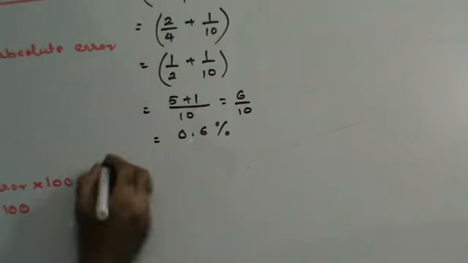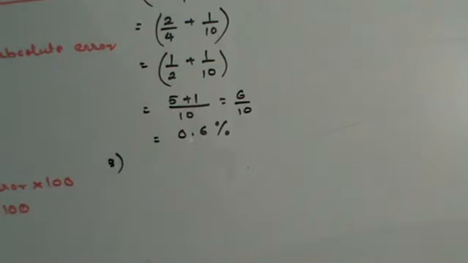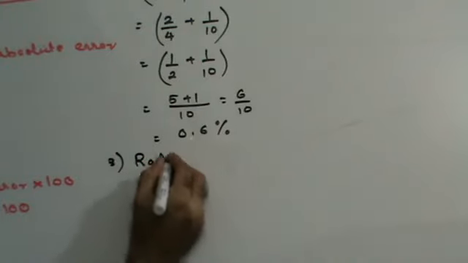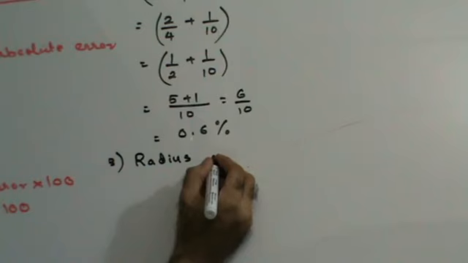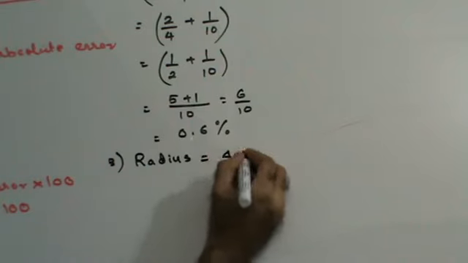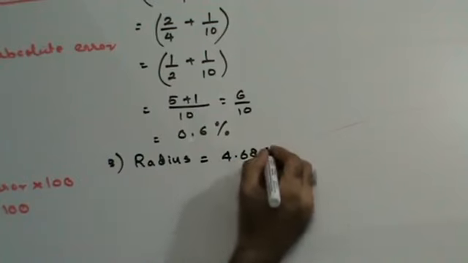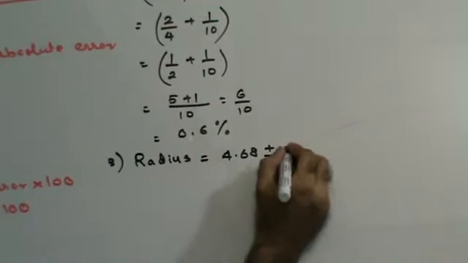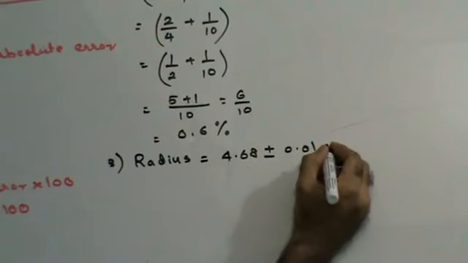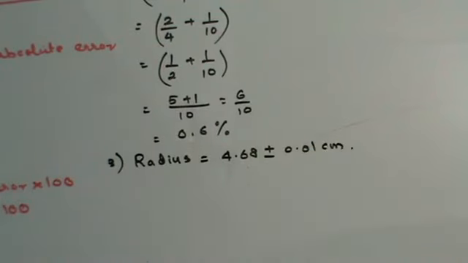Right, let's see the next one, guys. We take down the next one. The radius of a sphere is measured and is found to be 4.68 plus minus 0.01 centimeters.